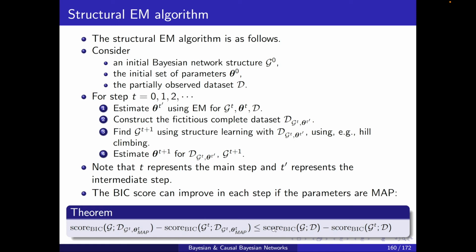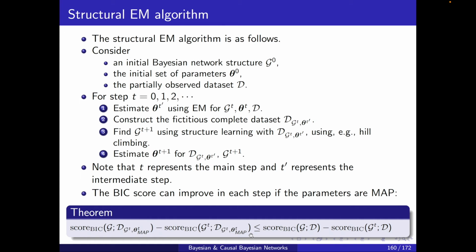What the theorem says is that the difference of G that we obtained, say G_t+1, from the G_t that the data set was constructed from, this difference on the augmented data set, the complete data set, is less than or equal to the same difference on the real partially observed data set. So that means that if we have an improvement here, we definitely also have an improvement there. This is a real lower bound.